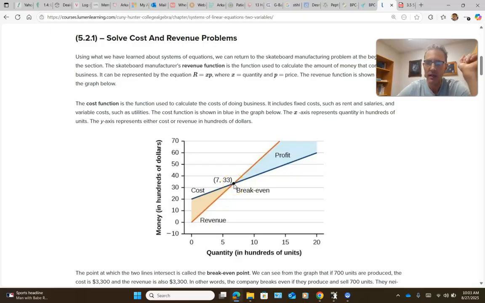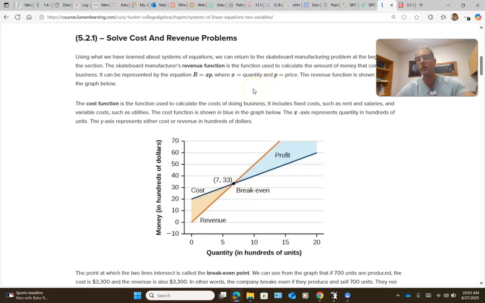So you can see for numbers of units that exceed 7, you're going to make a profit. And selling less than 7 units, you're actually going to be in the negative. Your revenue is actually not going to reach the cost. So that's an example.